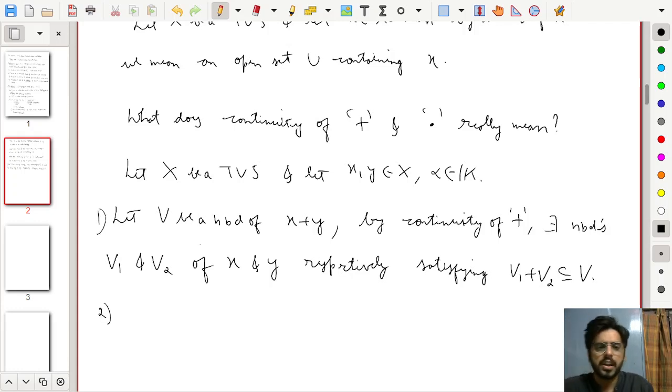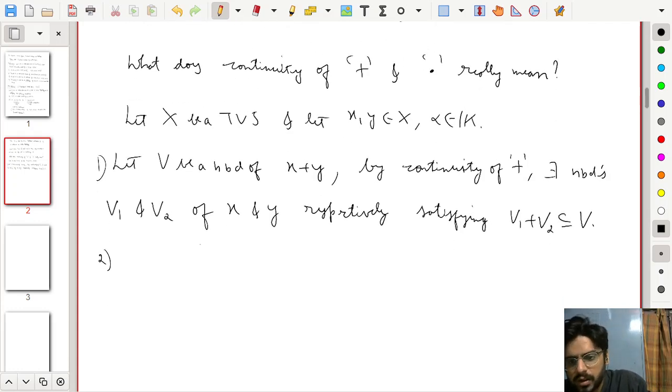And what do we mean by continuity of scalar multiplication? So let W be a neighborhood of alpha x.